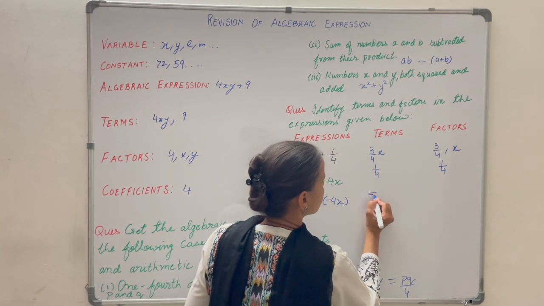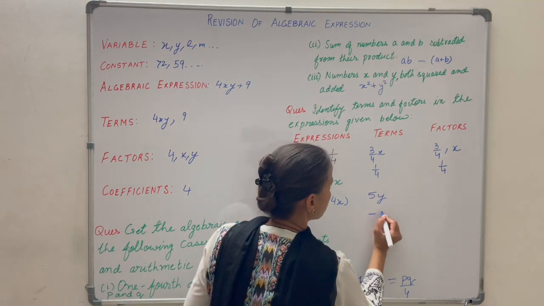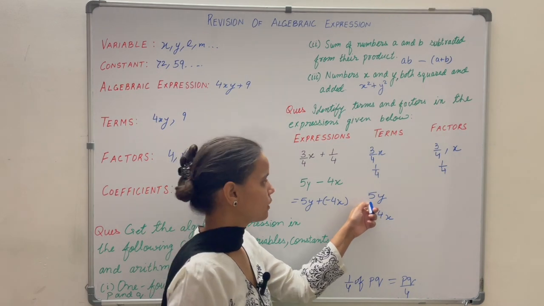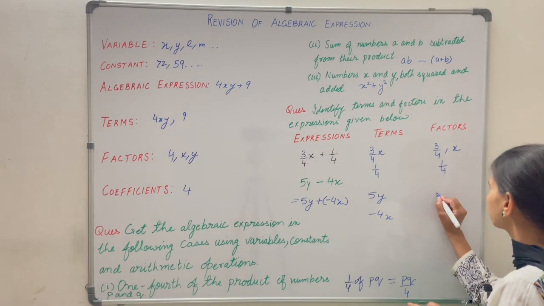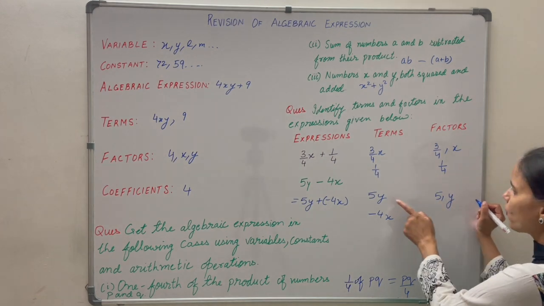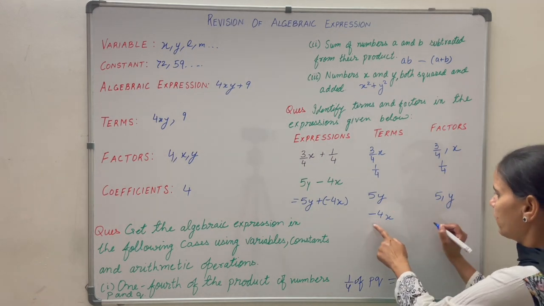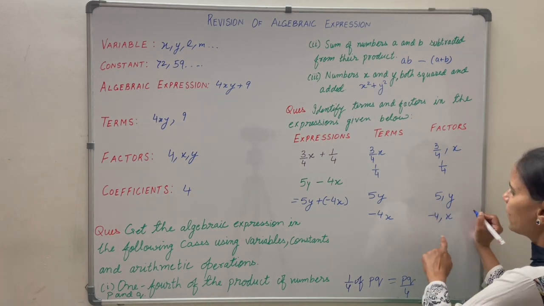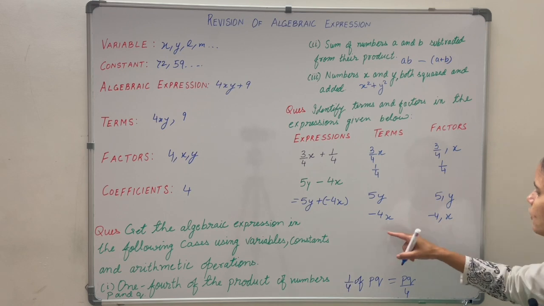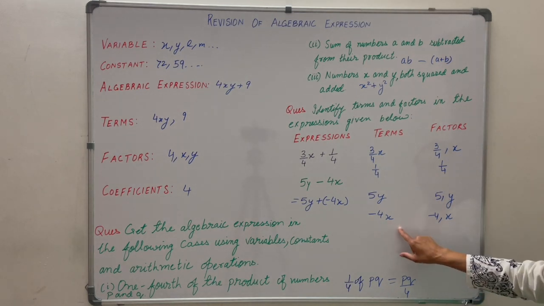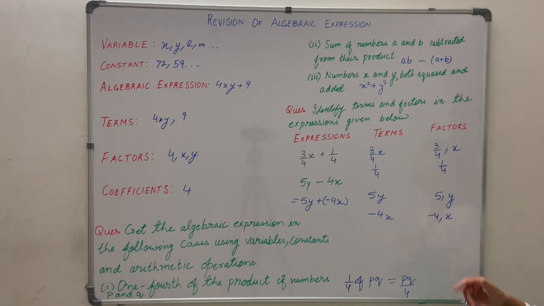What are the factors for this term? Factors are 5 and y. When you multiply 5 and y, you get the term 5y. When you multiply minus 4 and x, you get minus 4x. So the term here is minus 4x and the factors for minus 4x are minus 4 and x.